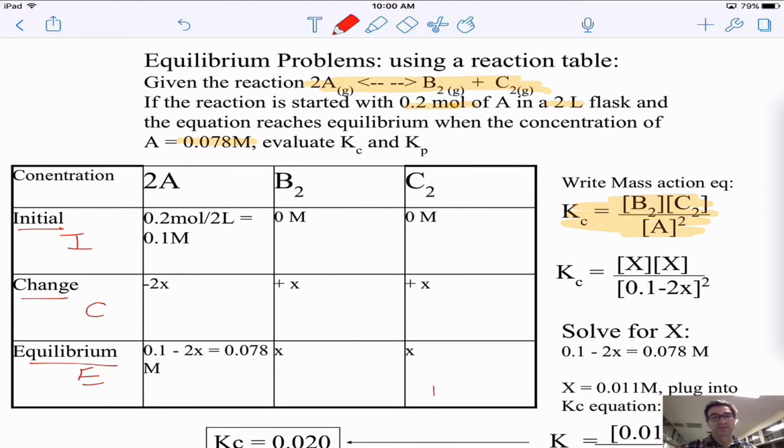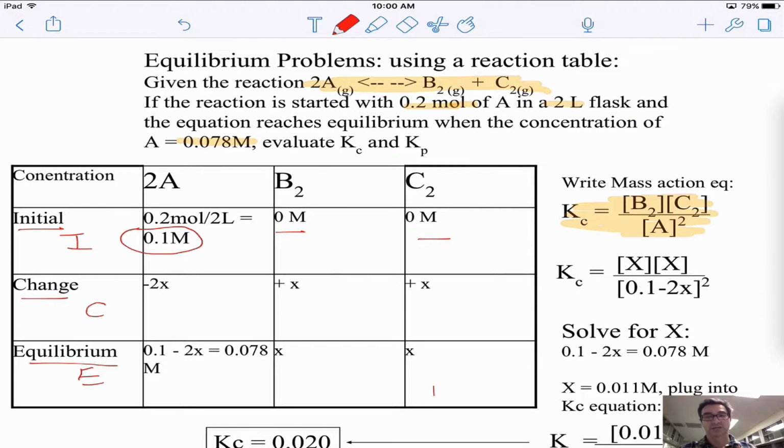So what I'm going to do is divide the moles that I'm given by the liters. And what they tell me is that the reaction started with A in a 2-liter flask. So they're telling me that this is what I started with. I converted it to molarity, like I circled it. And I don't have any B or C yet because the reaction is just in the initial state. Then I go through the change.